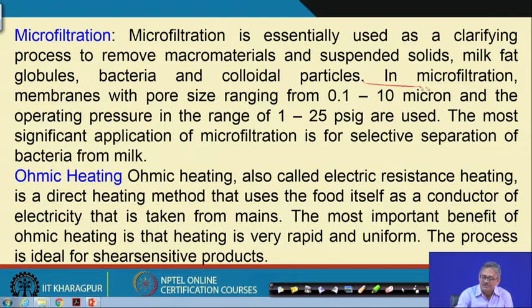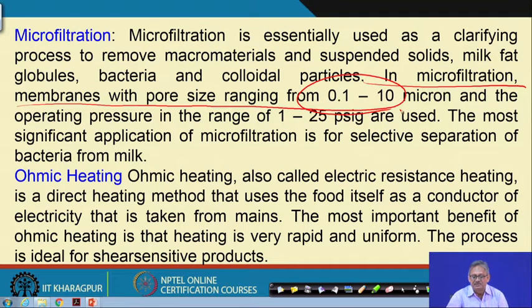In microfiltration, membranes with pore size ranging between 0.1 to 10 microns are used. Again, as we said, if this is the filter medium, these are the pore sizes through which it may pass.